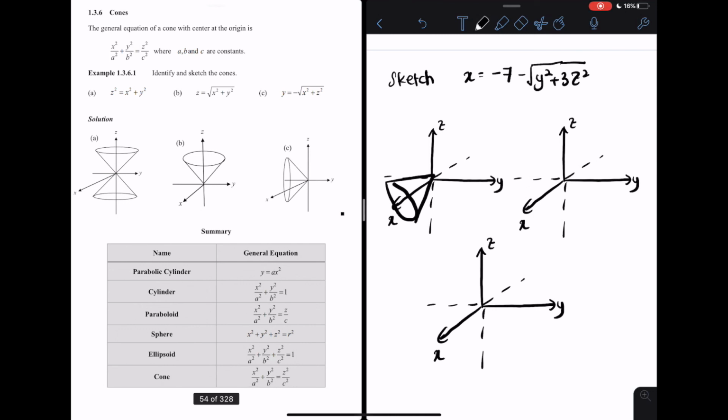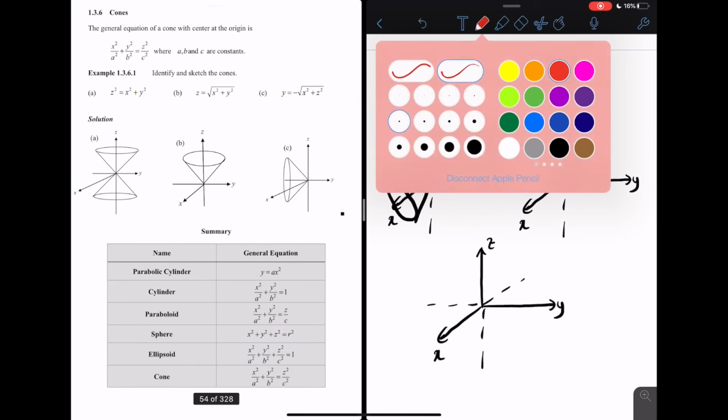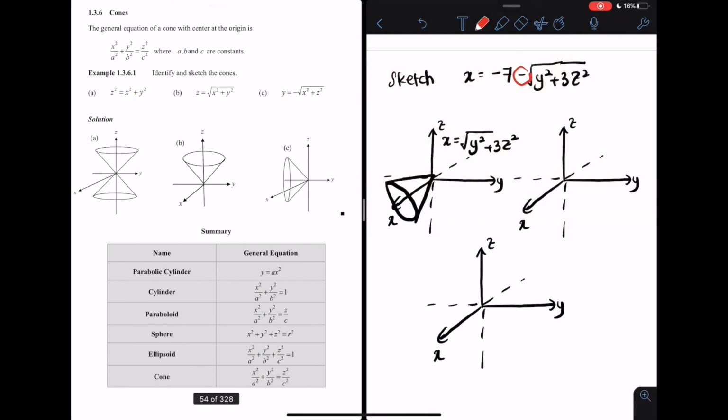When x is equal to positive z y squared plus 3 z squared, this is the cone. If you see that there is a negative appearing before the z notation, you can always assume that it should be the other way around. So in this case, you will end up with this cone when you have x is equal to negative z y squared plus 3z squared.